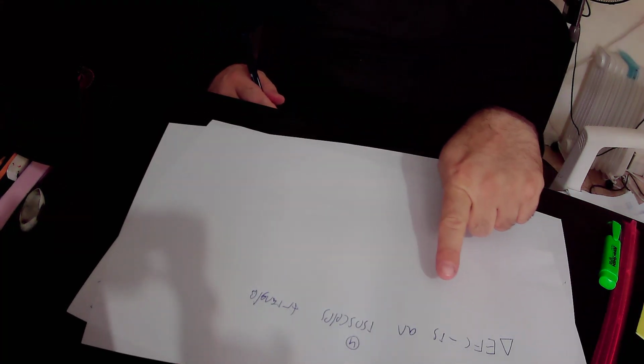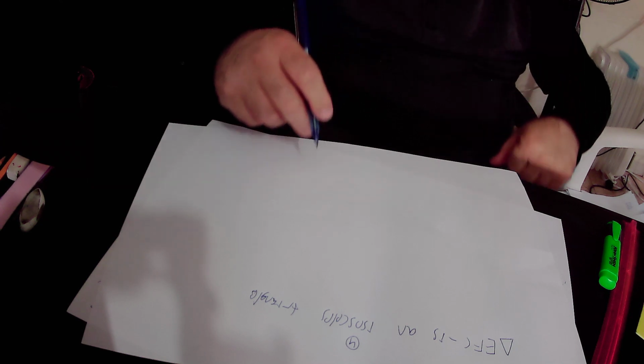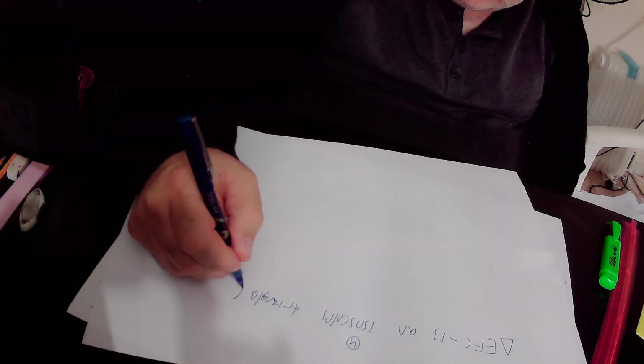I repeat again, triangle EFC is an isosceles triangle because EF equals EC equals 5 units.